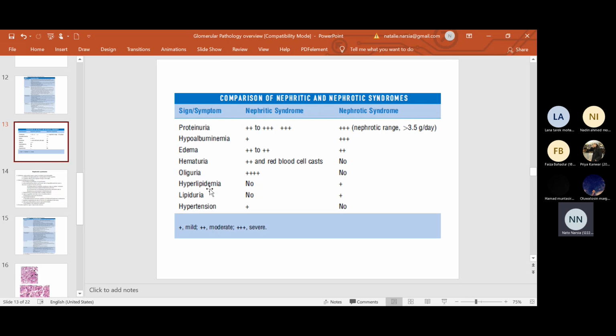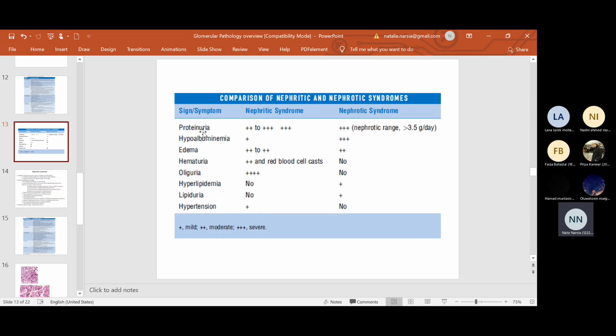Okay, that is important. Hyperlipidemia is important to differentiate nephrotic from nephritic, because you have none here. Lipiduria we mentioned, I will mention as well. And hypertension: you see, water and salt retention you have in nephritic syndrome, but you don't have in nephrotic syndrome. So that is just to differentiate, okay?